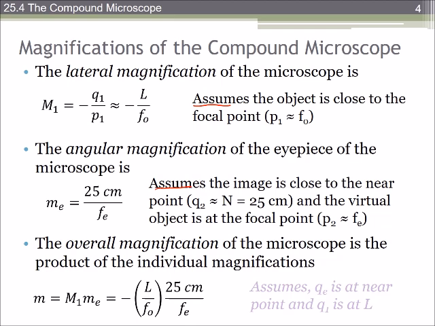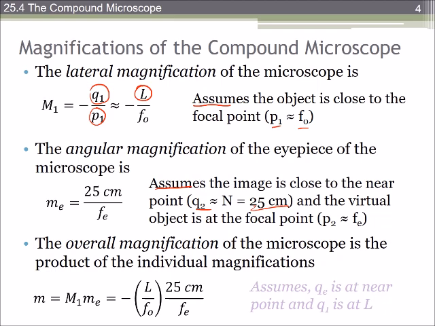And we know magnification is equal to Q over P, but if P is about equal to F of our objective lens, then we can replace the Q with an L. So again, this is a lot of assumptions. And then our angular magnification for the eyepiece, as long as Q2 is at the near point for the person viewing the lens, and if you're looking at a microscope, you want that image to be at your near point.